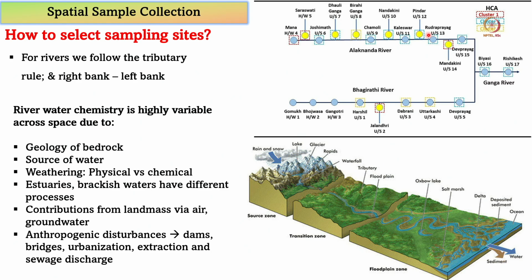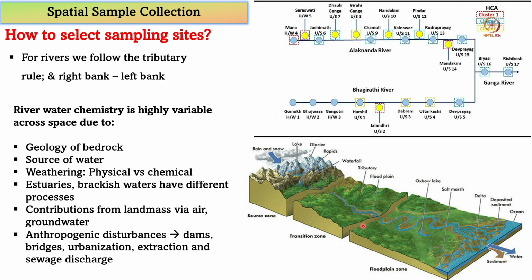Now, why is it changing? Why do we find a spatial pattern in our data? There can be a lot of reasons. It can be due to the bedrock, due to change in how the rocks are changing in the entire catchment. That can change with locations. What is the source of water? In the mountain regions, there can be more glacier meltwater, snow meltwater as compared to rainwater and groundwater.